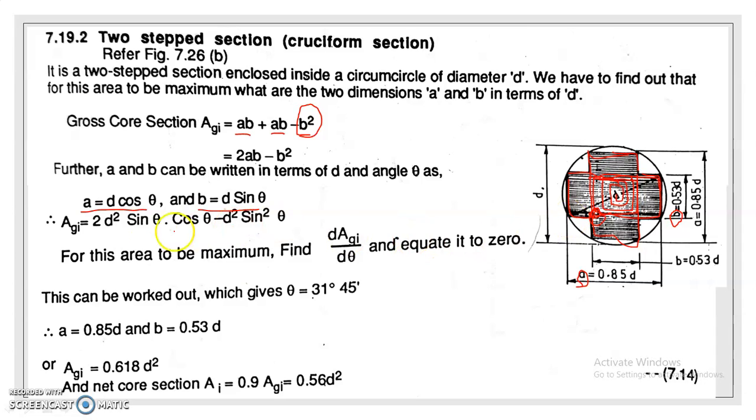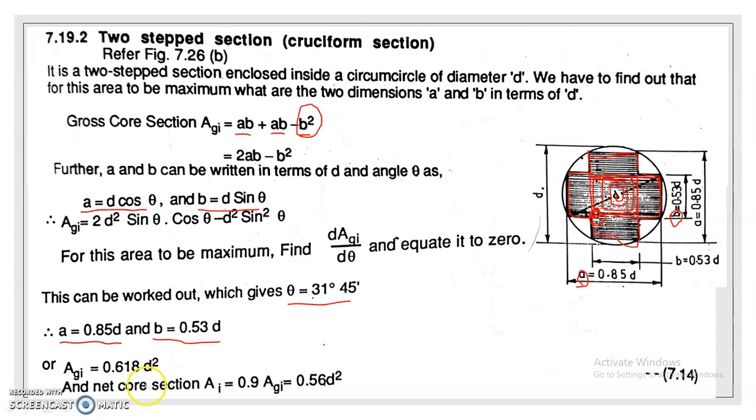So we can calculate AGI here. Finally you will get that a is equal to 0.85 d and b is equal to 0.53 d, as we calculated, theta is equal to 31 degrees 45 minutes. AGI is equal to 0.618 d square.